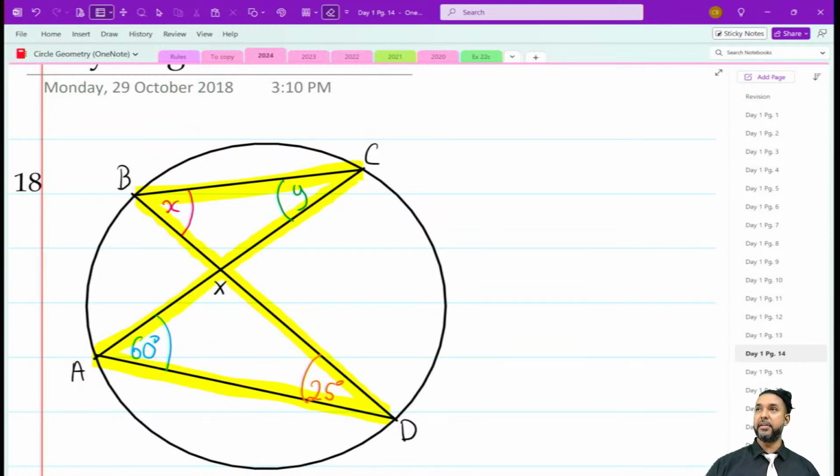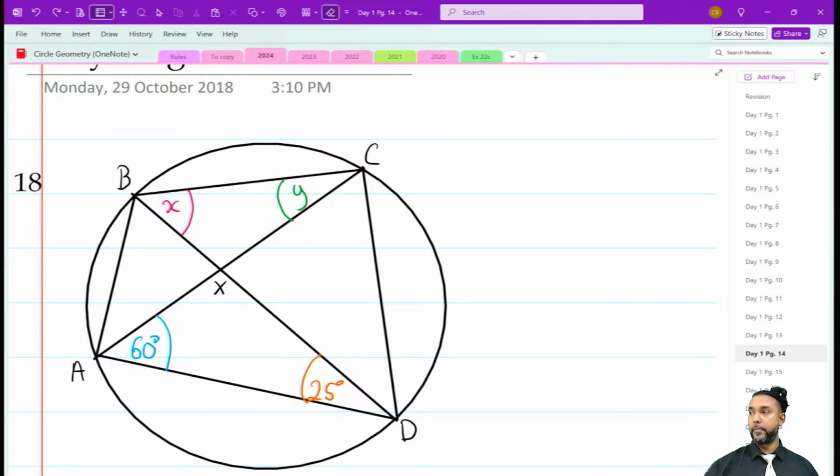The angles in the same segment are equal, or the angles standing on the same arc are equal. Yep.